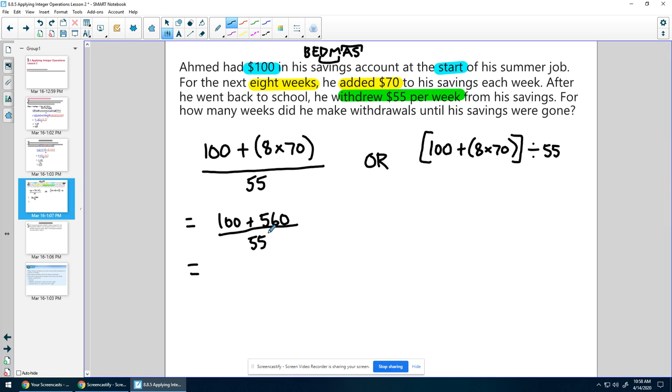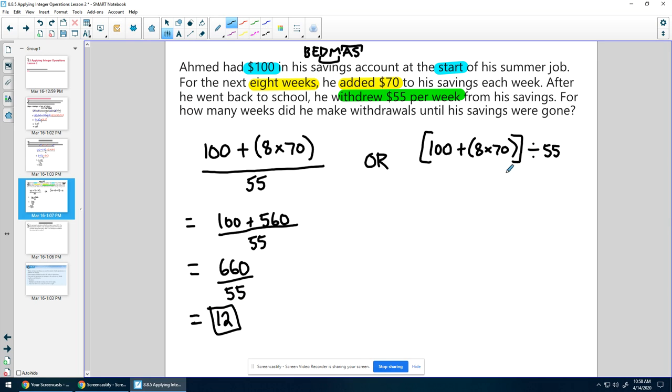Solve what's on the top first. 100 plus 560. 660 divided by 55. 660 divided by 55 is, I believe, 12. You can do long division to solve that. I'm not going to do that in this video.